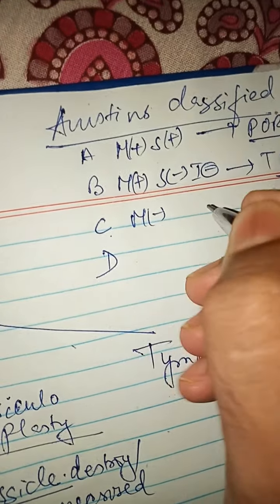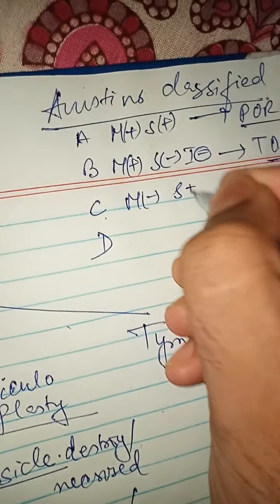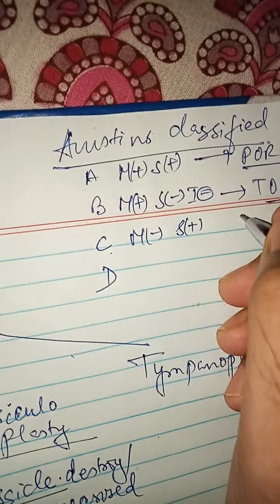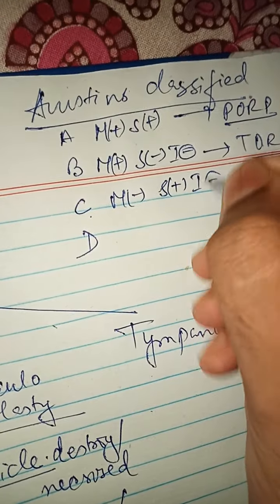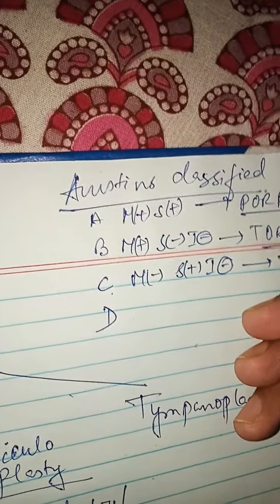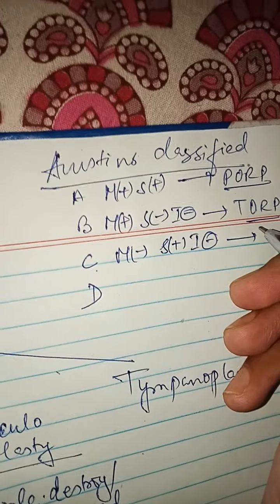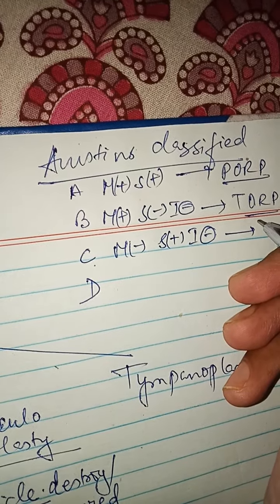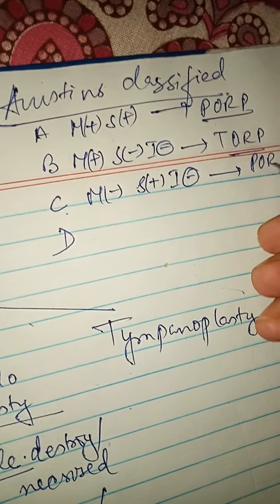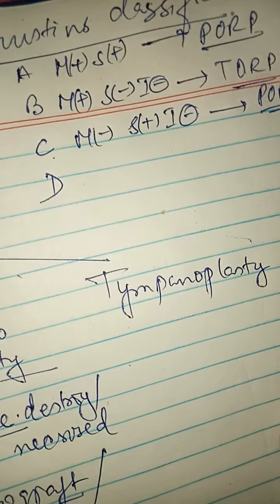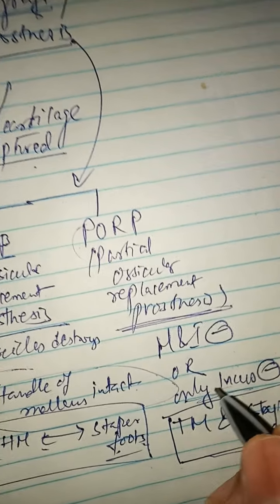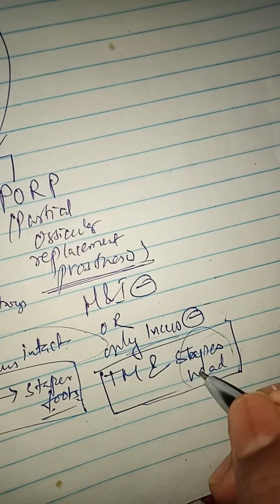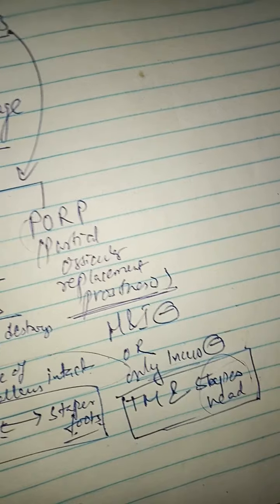In type C, the handle of malleus is absent, only stapes is present, and incus is also absent. Incus is the common bone which causes erosion. So here I have to do PORP, since only the stapes head is present and the rest are absent.